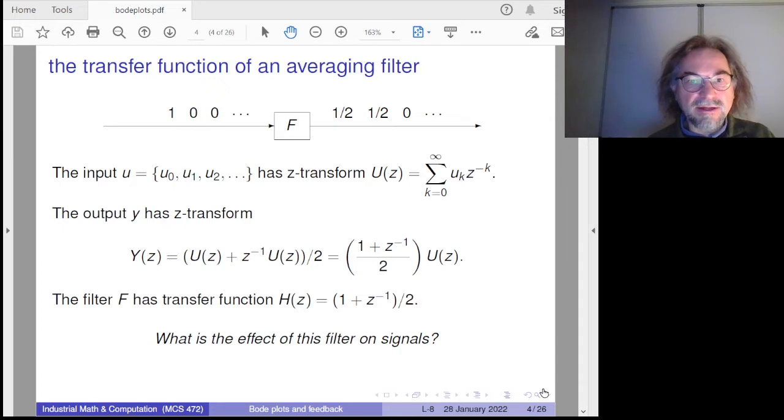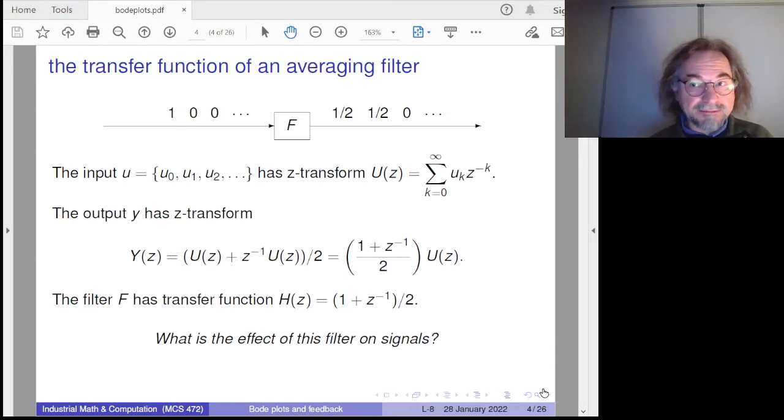So the averaging filter can be expressed as the sum of the input signal and the delayed signal, the unit delay, for which we derived earlier that the Z transform of the unit delay is the Z transform divided by the symbol Z. So the averaging then happens by the division, and you see the transfer function has as coefficients 1/2, 1/2. So these are the coefficients of the impulse response.